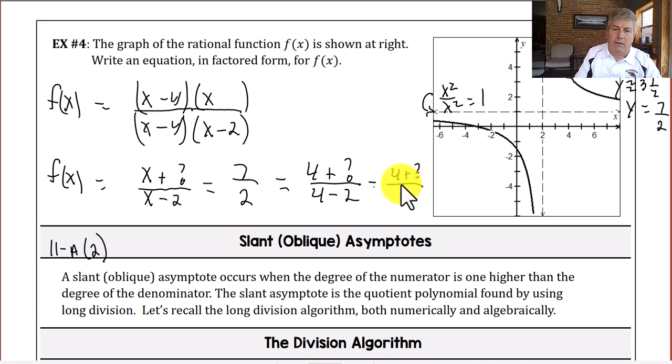Well, a little arithmetic here. 4 plus what? We need that numerator to become 7, so that has to be 3. So 4 plus 3 is 7 over 2, so that is going to be x plus 3. And we have now figured out our function in factored form.